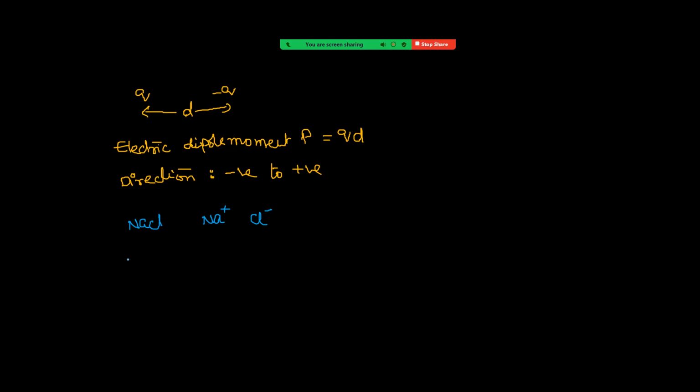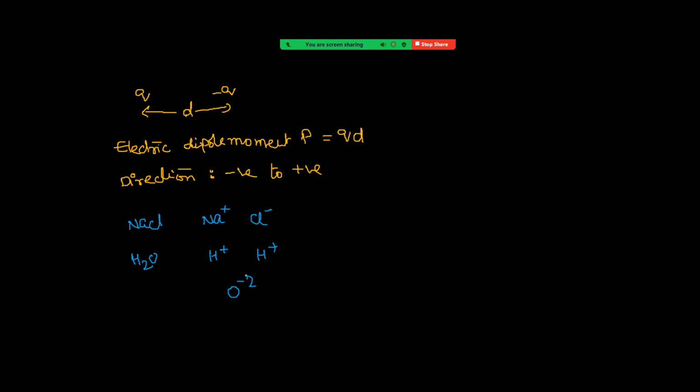Suppose you take water, whose chemical formula is H2O. There are two H plus, and the oxygen is minus 2.